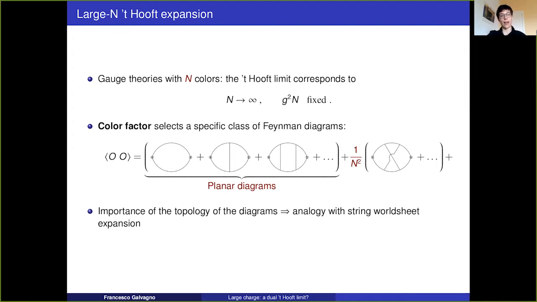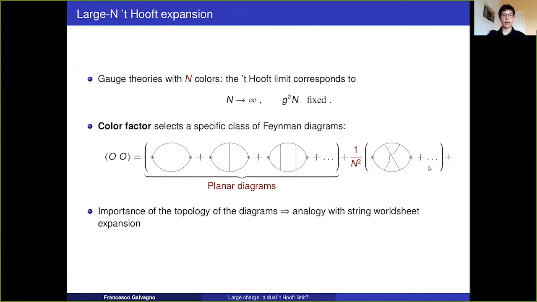This limit selects a specific class of Feynman diagrams, which are classified based on their color factors. In particular, as we see from this sketchy picture, only the planar diagrams are selected in this limit, whereas all the non-planar diagrams are dropped out.